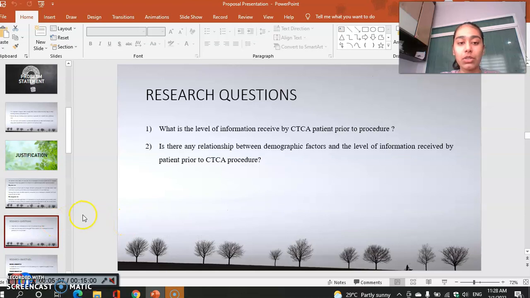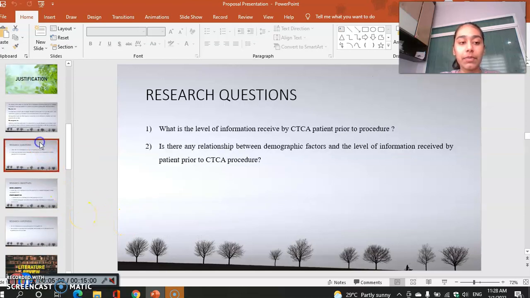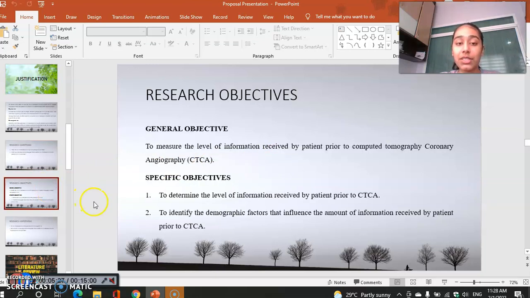Okay, so next is the research question. The first point is, what is the level of information received by a CTCA patient prior to the procedure? The next point is, is there any relationship between demographic factors and the level of information received by patient prior to the CTCA procedure? Okay, so next is research objectives.